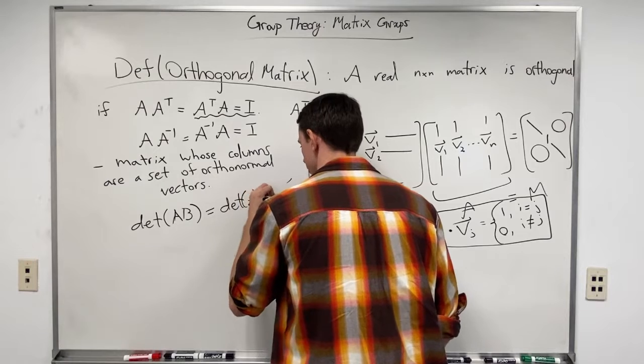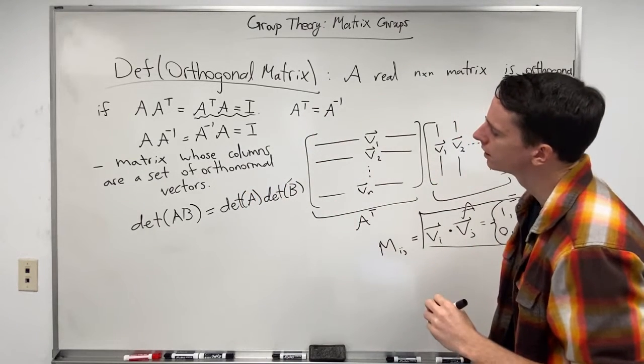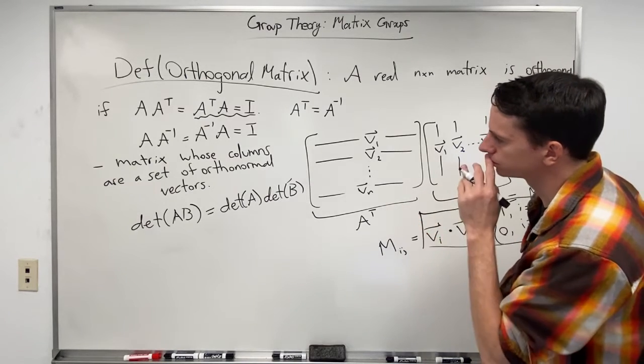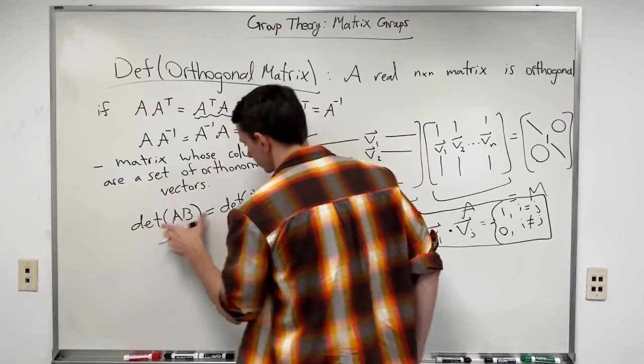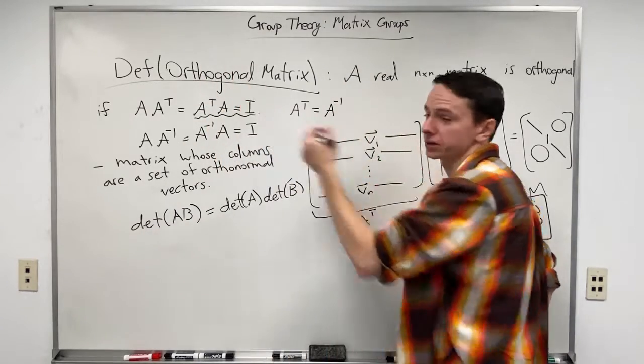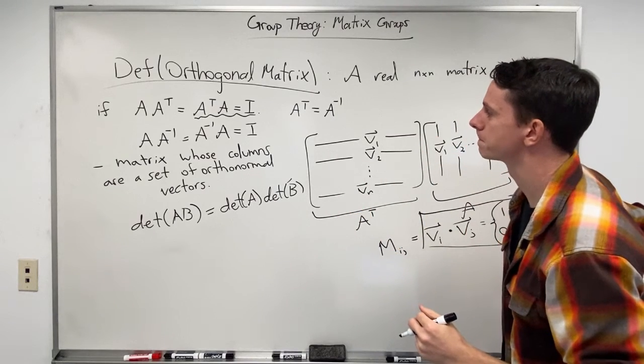Determinant of A times the determinant of B. Right. Now, what we can do is apply this to look at what properties the determinant of an orthogonal matrix must satisfy.